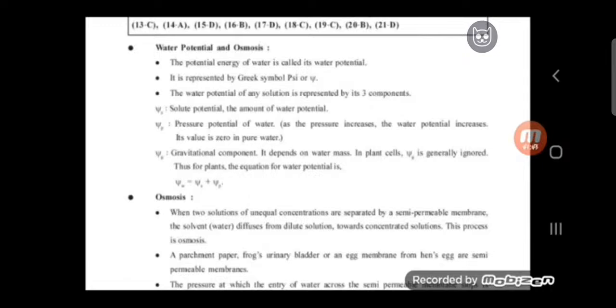One is solute potential, next is pressure potential, and the third one is the gravitational component, which depends on water mass and in plant cells is generally ignored.